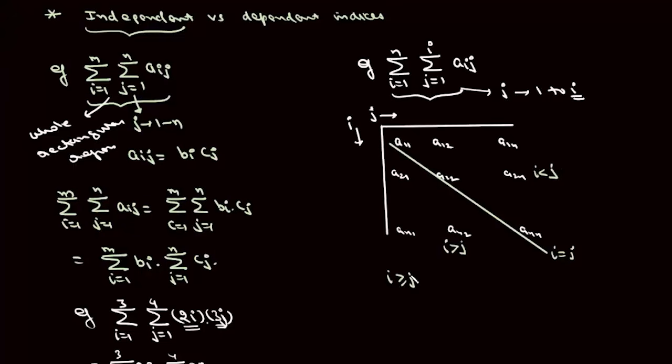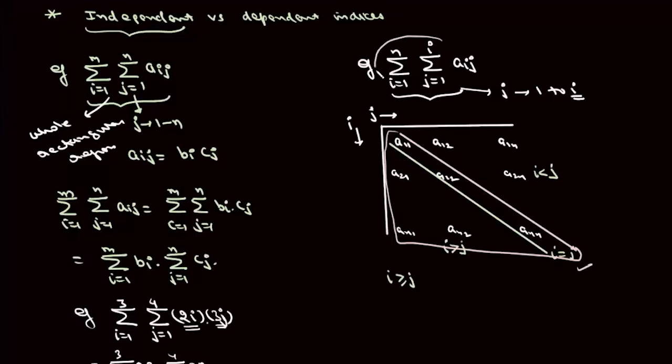Suppose we have to choose i greater than or equal to j, then we'll choose the points in the lower triangle along with these diagonal elements. In case of dependent indices, we have to look for the lattice points which we're going to use in our summation.